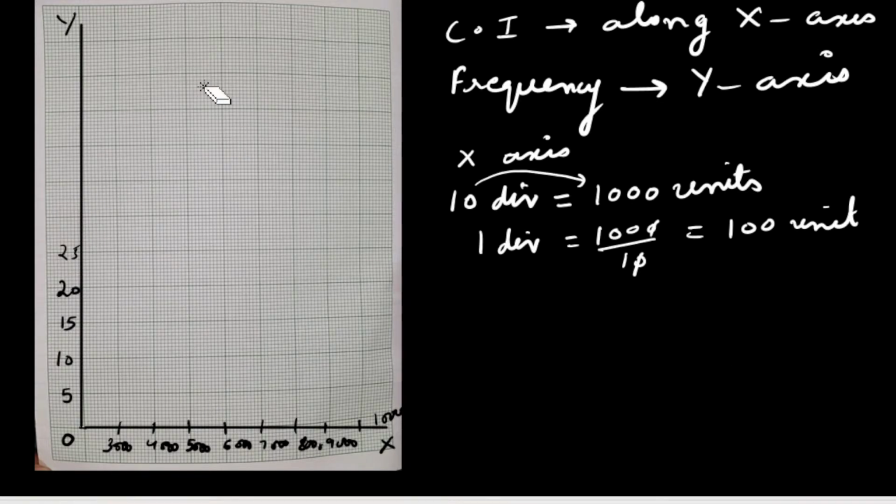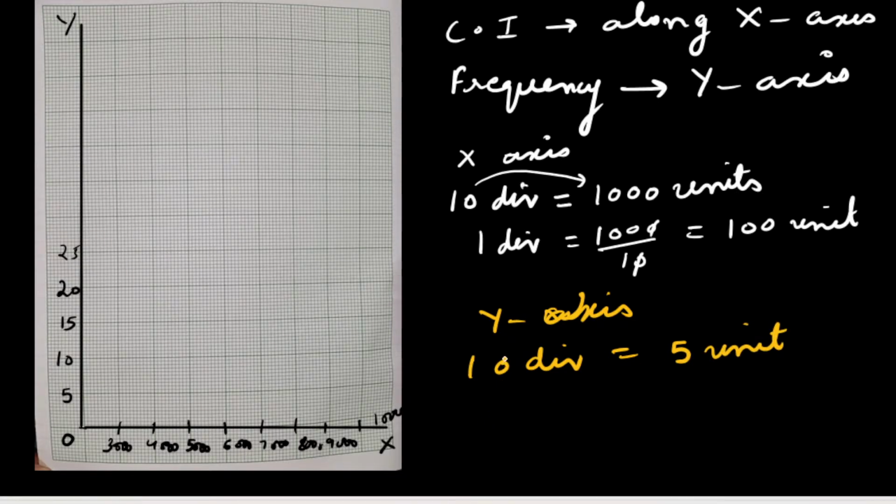Now along the y-axis we can find the same way. We'll start with 10 divisions. How much have you taken here? 0 to 5, 5 to 10. So here 5 units you have taken.